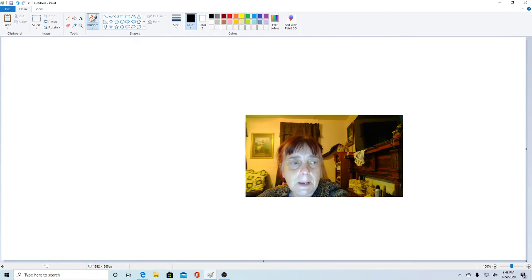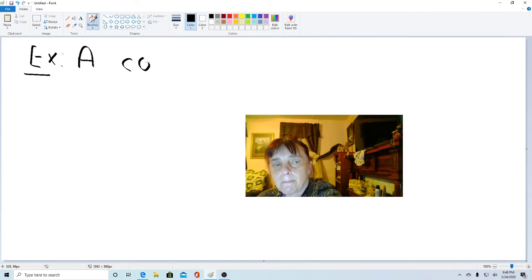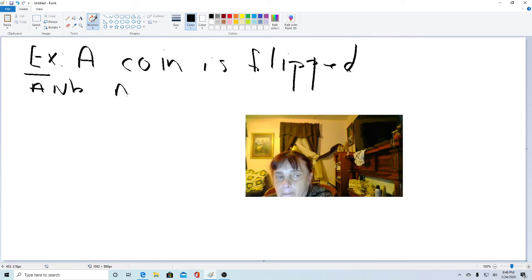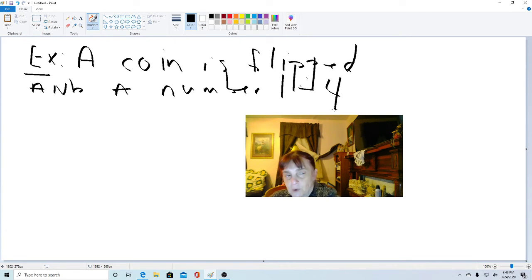Now this problem is: a coin is flipped and a number 1 through 4 is selected at random from a bag.